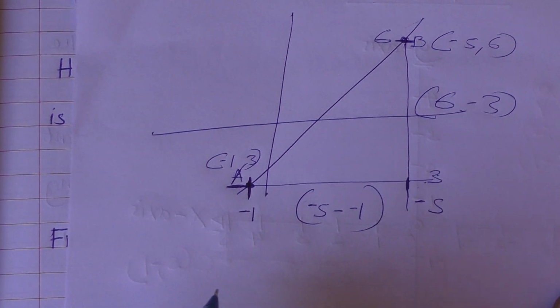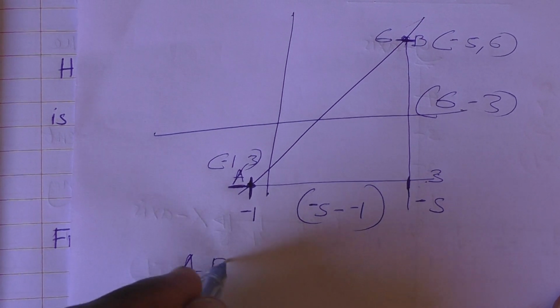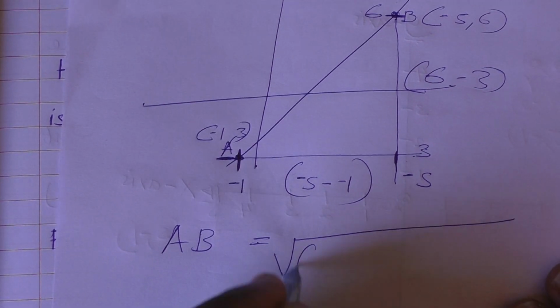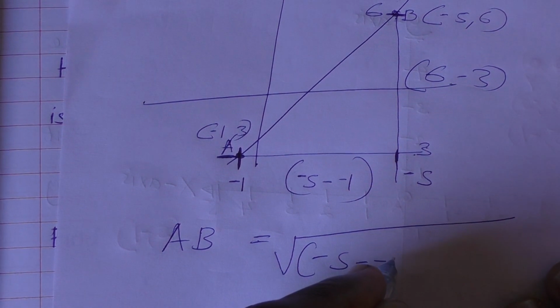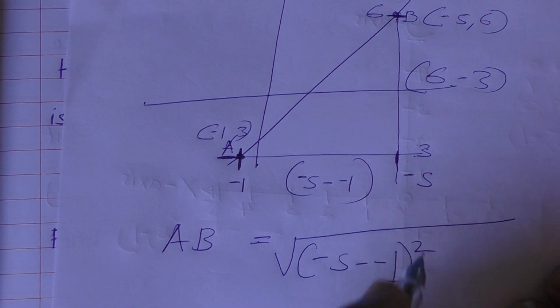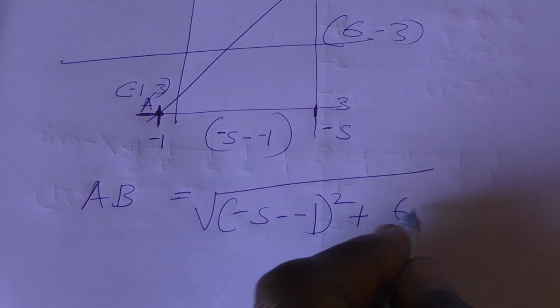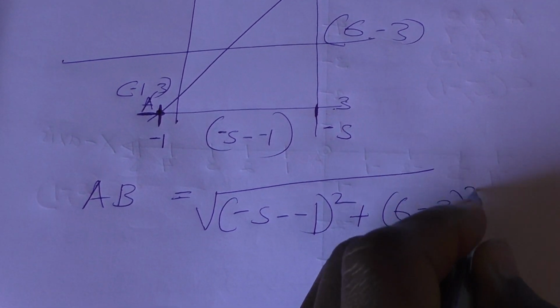Hence, that gives me the length of AB as the square root of negative 5 minus negative 1 squared plus 6 minus 3 squared.